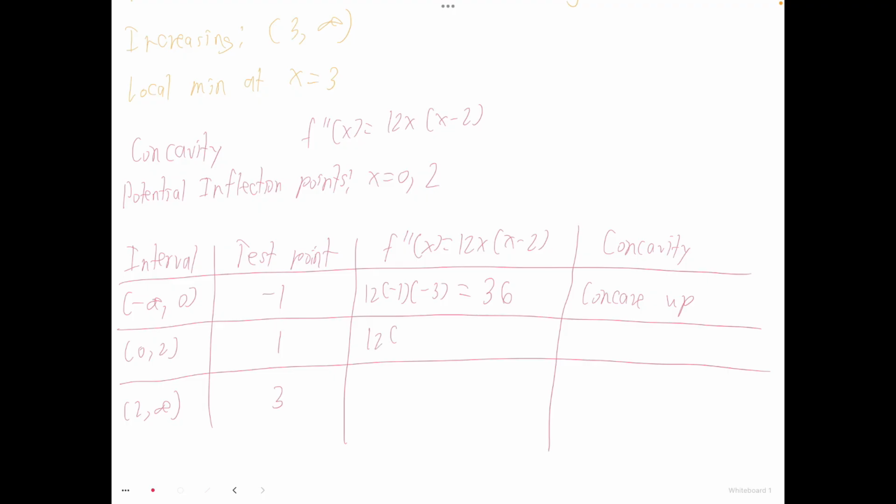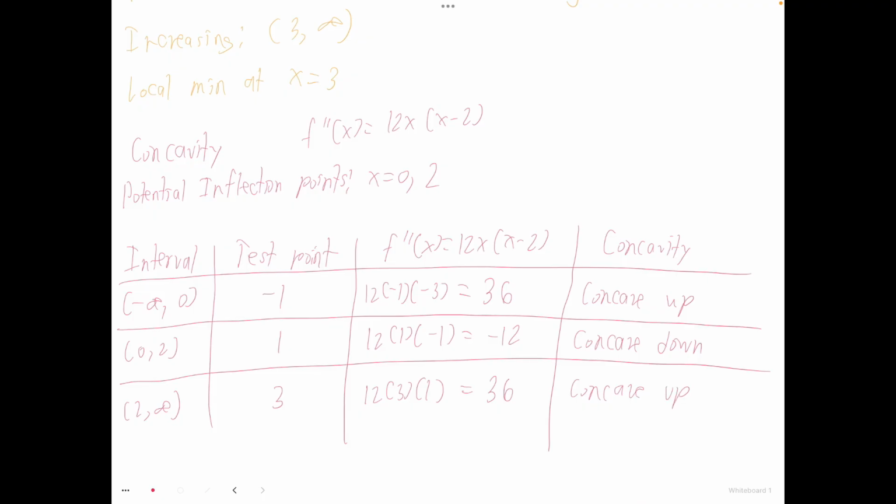Plugging in 1, we get 12 times 1. Then 1 minus 2 is minus 1, so we get negative 12. That's less than 0. So we are concave down on the interval 0 to 2. Then plugging in 3, we have 12 times 3 times 3 minus 2 is 1, so we get 36. That's greater than 0, so we are concave up.